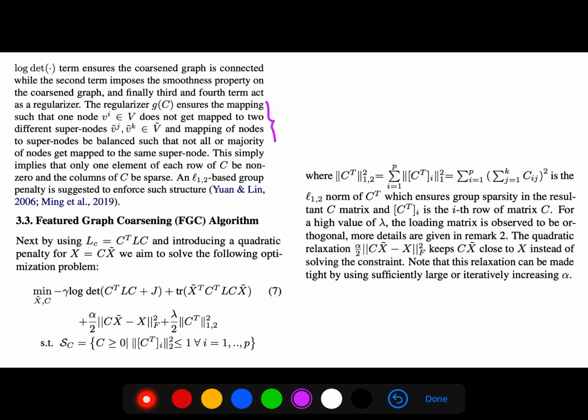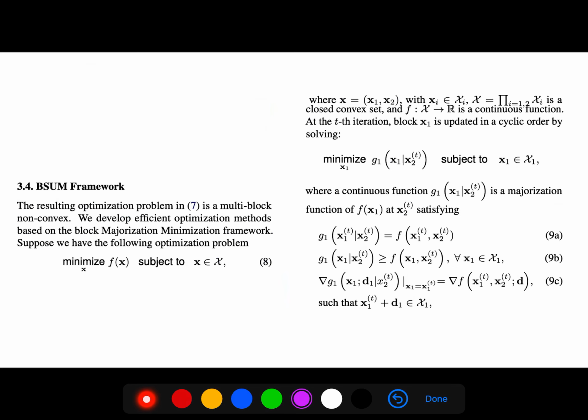And introducing a quadratic penalty for X, we aim to solve this optimization problem. So the resulting optimization problem is multi-block non-convex. We develop efficient optimization methods based on the block majorization minimization framework.